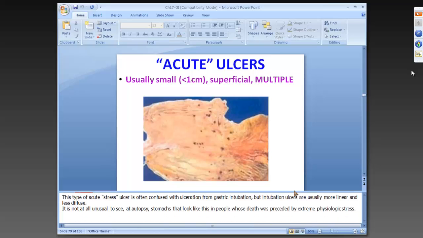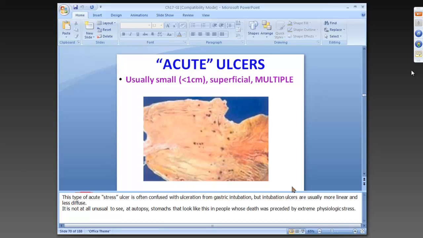Acute ulcers are usually small, less than 1 centimeter, superficial or multiple, and this type of acute stress ulcer is often confused with ulceration from gastric intubation. But the difference is intubation ulcers are more linear. You see that linear, well-defined pattern and say, wow, this looks almost like a perfect line. It was a perfect line because it was a tube, a man-made tube.